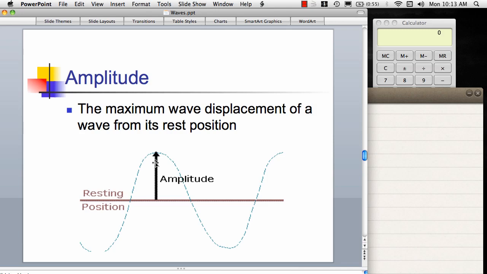The assumption that needs to be made is that the wave is maintaining its energy and it's not losing any of its energy. Amplitude is a measure of a wave's energy. That's an important thing to remember. Amplitude, I believe, is also measured in units of length or meters.